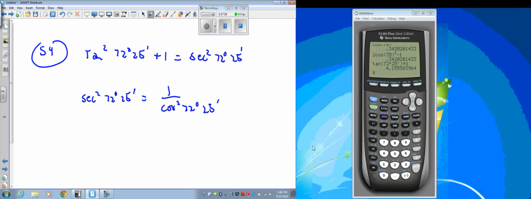So I have to do 1 divided by cosine 72. So they're not the same.